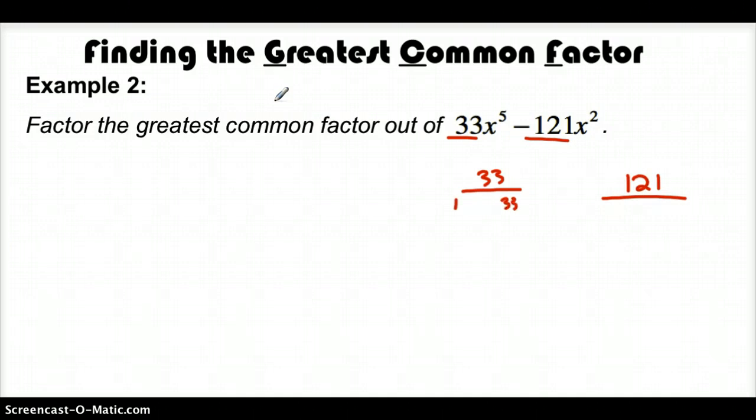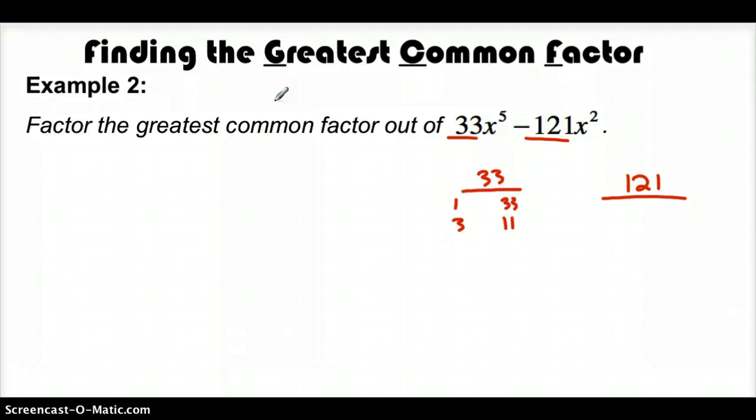I know 2 is not going to work, but I know that 3 and 11 will give me 33. 4 won't work, 5 won't work, 6 won't work either, because 6 times 6 is 36 and 6 times 7 is 42. 7, 8, 9 and 10 won't work. We're running out of options here, so these are the only options that we have, and that's okay.